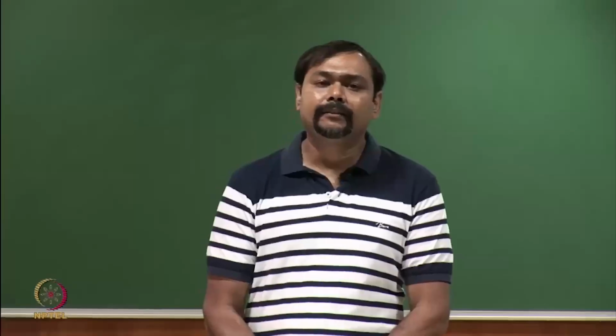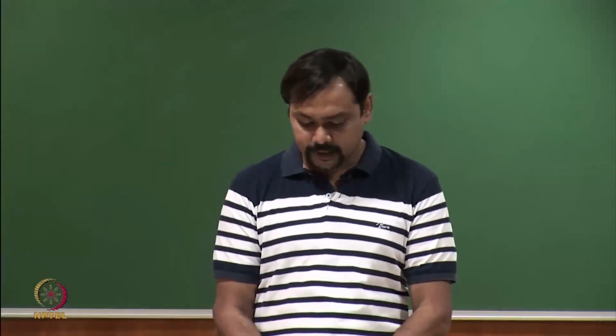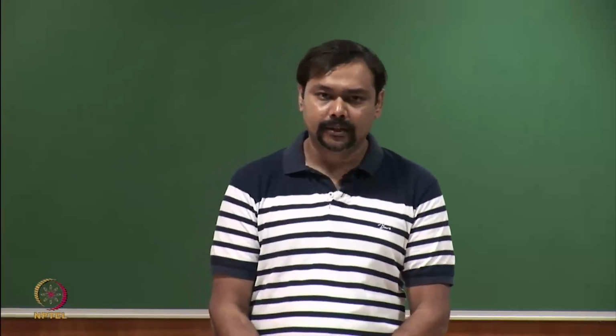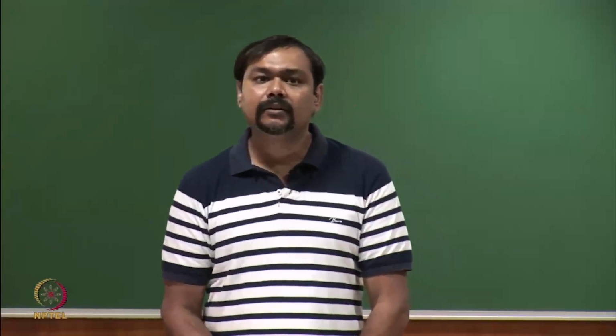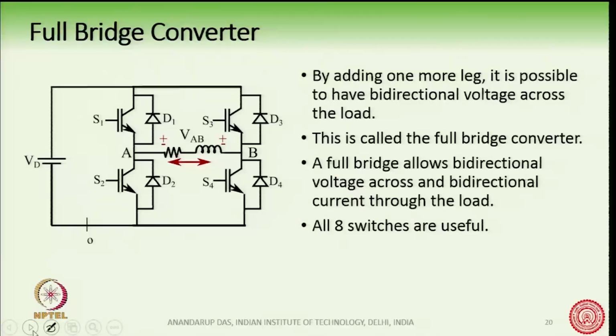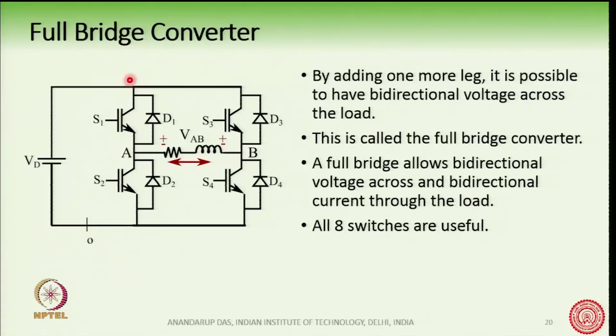Now, so far we have analyzed the half bridge circuit. Now, let us add one more leg to this converter, which is called in fact the full bridge converter. So, this is one half bridge and we have added one more half bridge to the circuit.